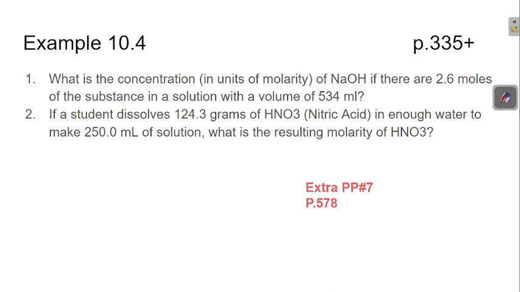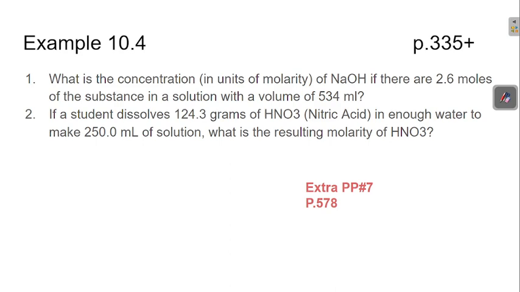Example 10.4 on page 335 reads as follows. What is the concentration in units of molarity of the sodium hydroxide if there are 2.6 moles of the substance in a solution with a volume of 534 milliliters? And then it has a second section.